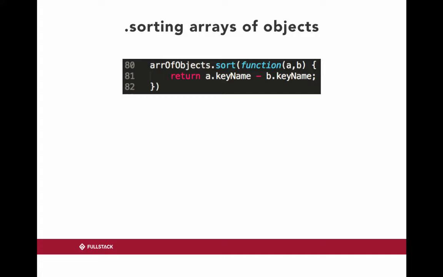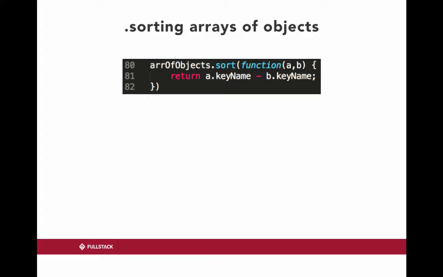Now, in this case, whatever the value of keyname is going to have to be a number or a string, or subtracting one from the other isn't going to work. But this is just going to alphabetize the objects by whatever key and value that is.